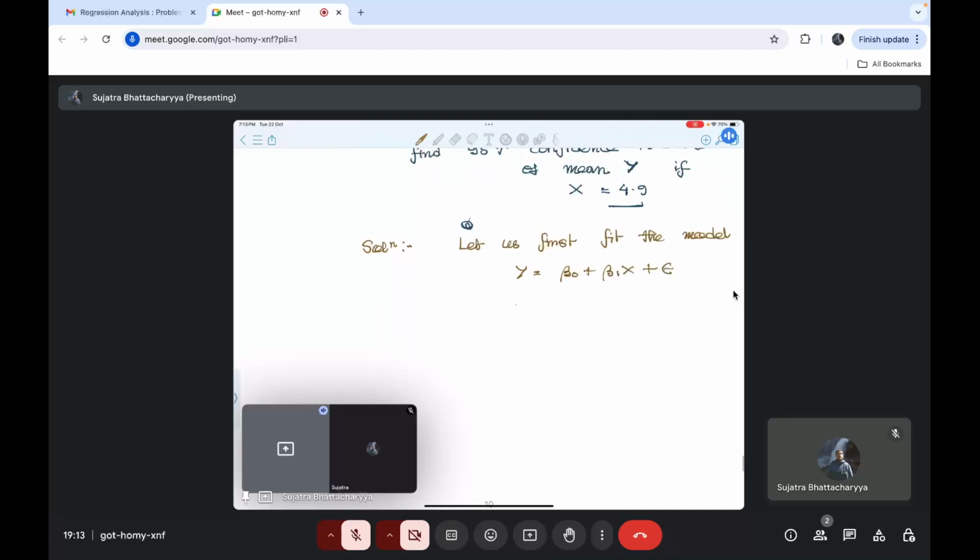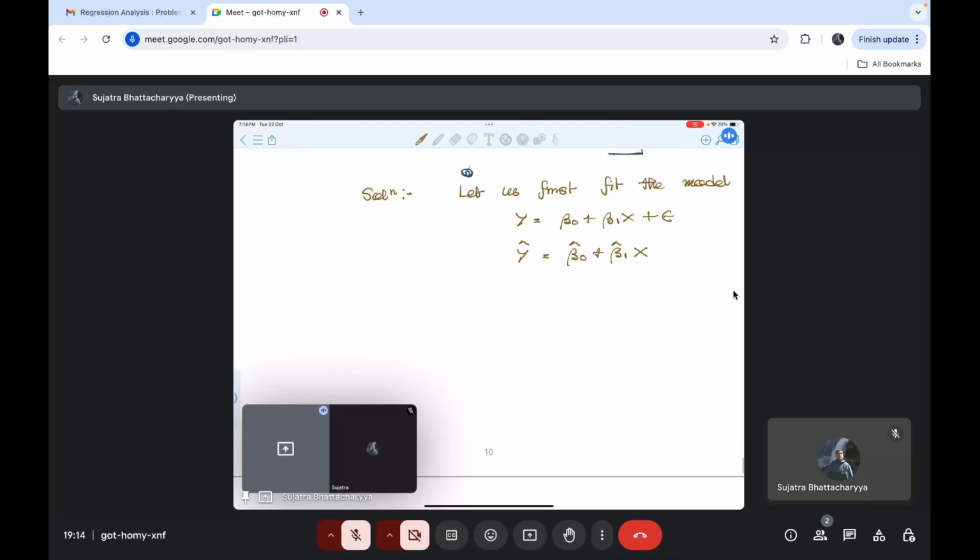So its estimation will be y hat equal to beta naught hat plus beta 1 hat x. We need to find beta naught hat and beta 1 hat first.